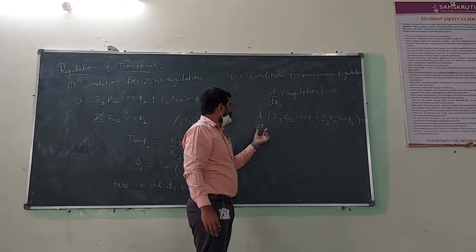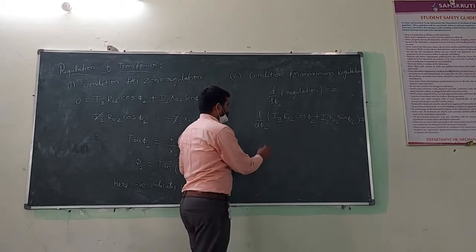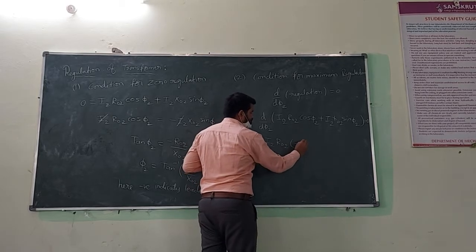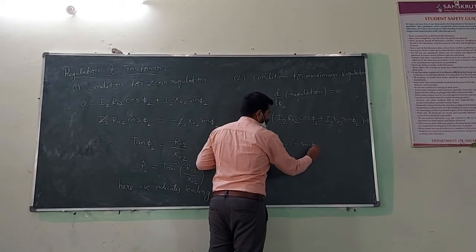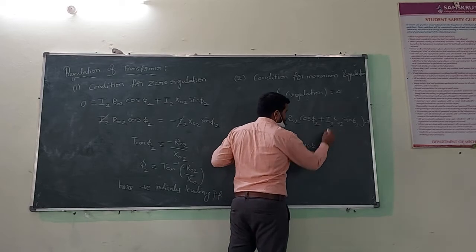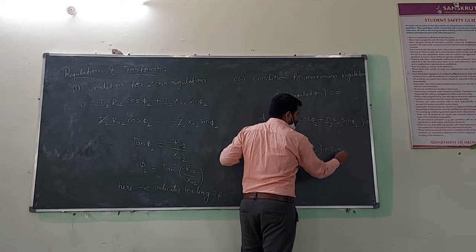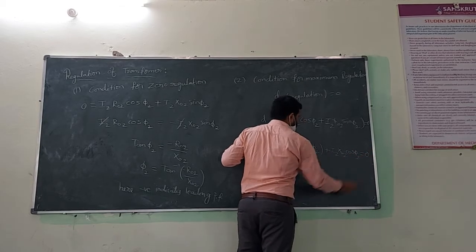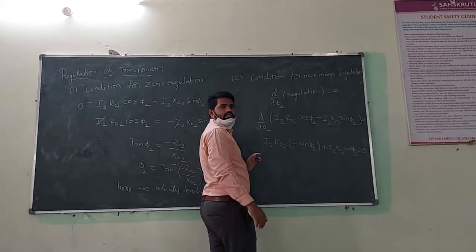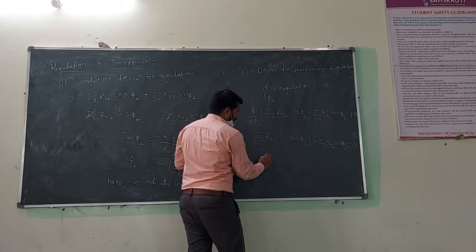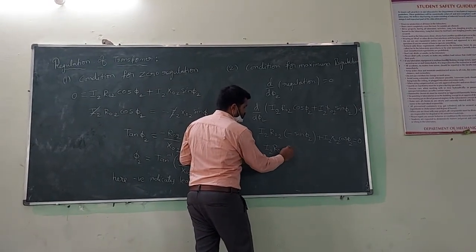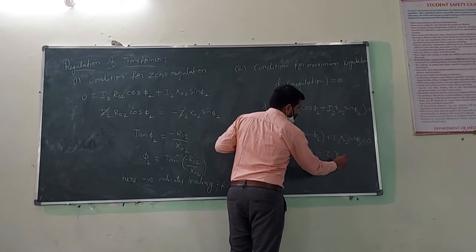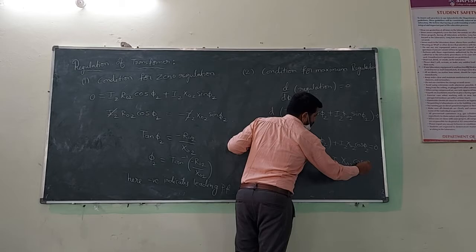Now, can anyone tell me the differentiation of cos phi 2? I2 R02 times minus sin phi 2, plus I2 X02 cos phi 2, equals 0. Can I take this value to the right-hand side? Minus becomes plus. Can I write I2 R02 sin phi 2 is equal to I2 X02 cos phi 2?